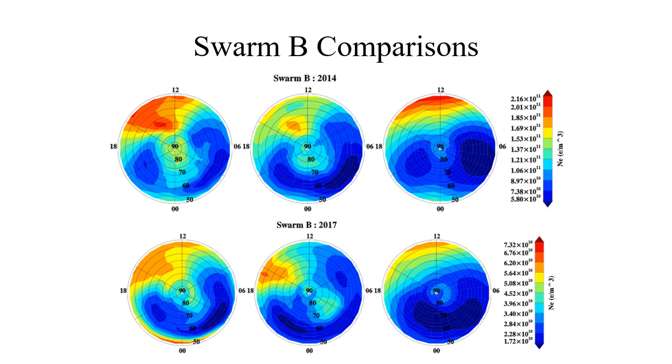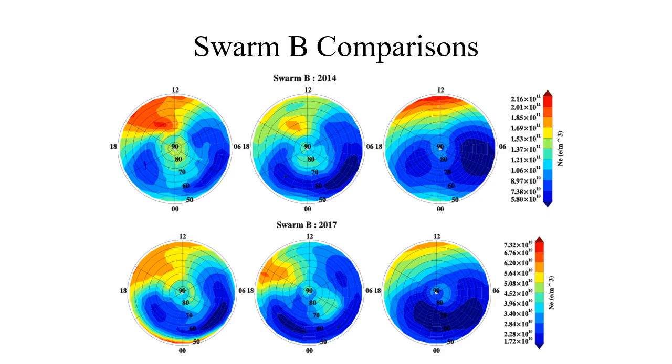We've also done comparisons to Swarm. Just to give you an example, this is overall electron density from Swarm, MLT, and magnetic latitude for 2014 and 2017 from Swarm here on the left, Eshame in the middle here, and the IRI on the right.